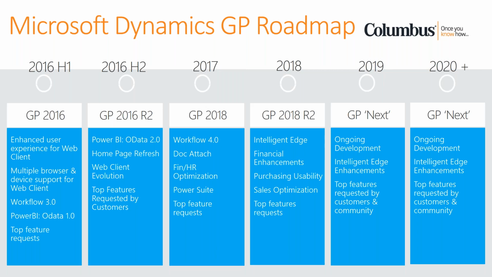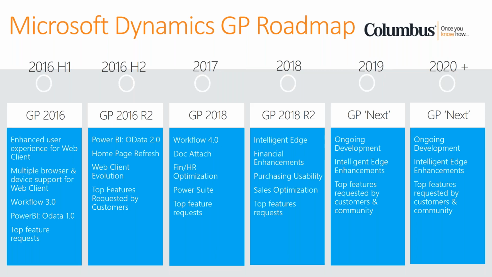We're expecting Microsoft to release GP, whether it's called 2019 or maybe 2020, sometime in October or November of 2019, about a year from now, and then the next version sometime in October, November of 2020. It's hard to believe we're already talking about 2020, but it's not that far away. That's the map and the drawing board, so to speak.